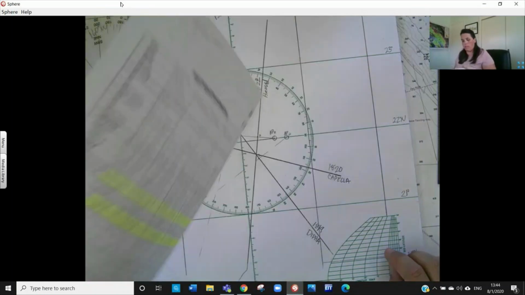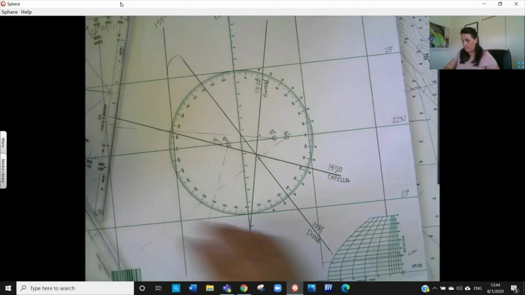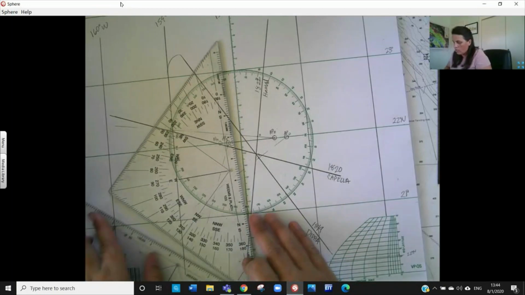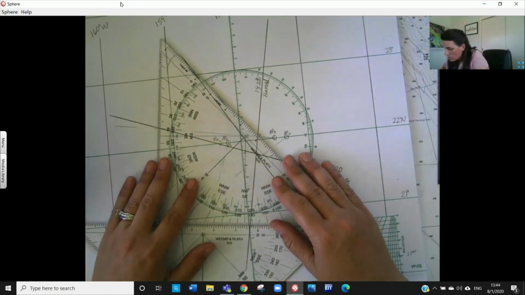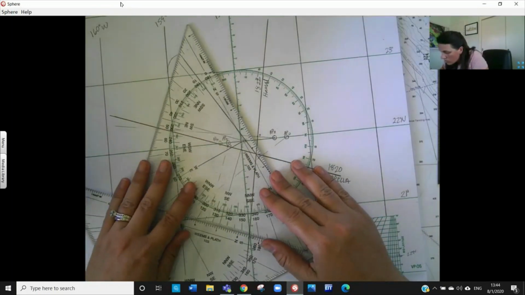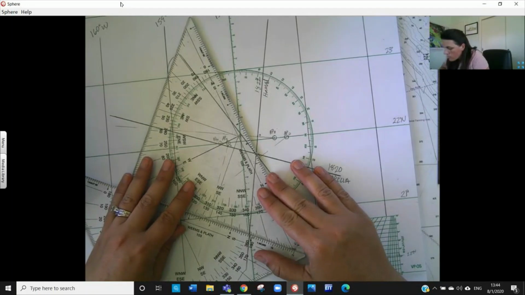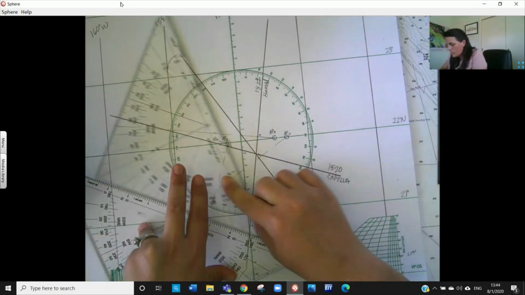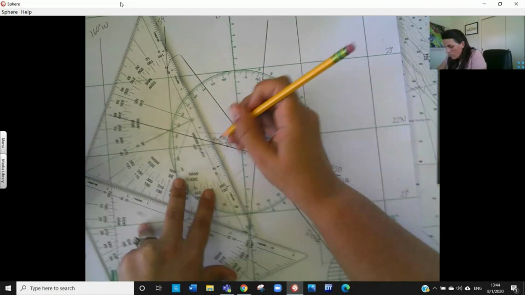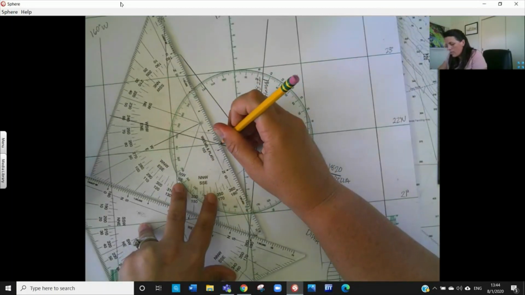So 339.6. There's 339. My pencil on my assumed position.